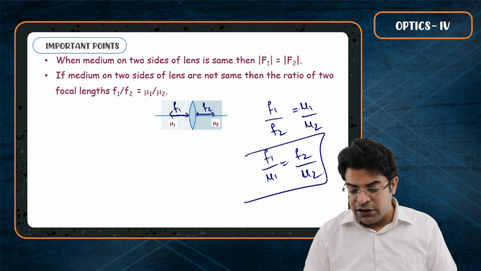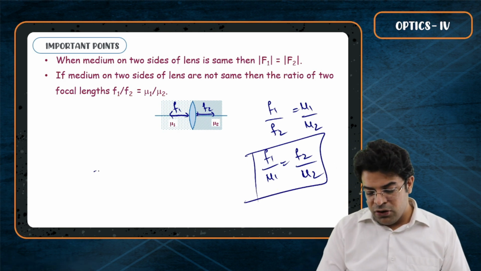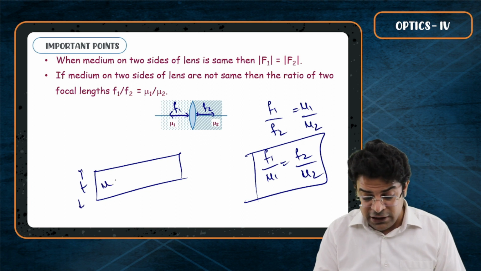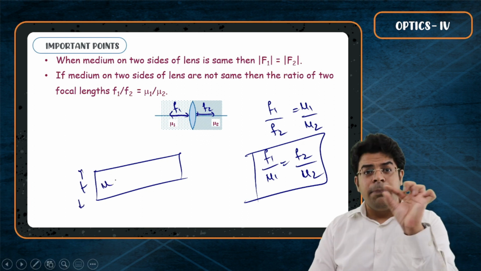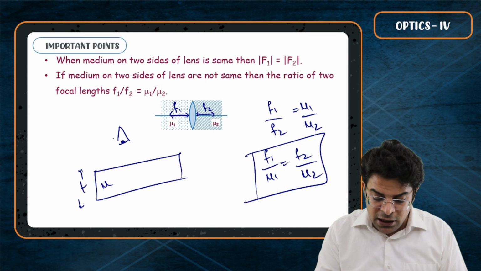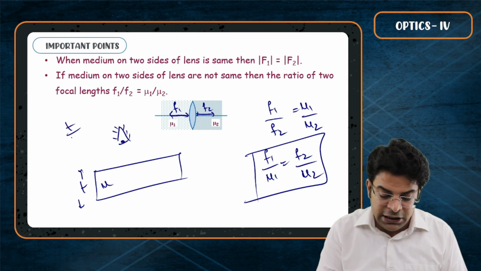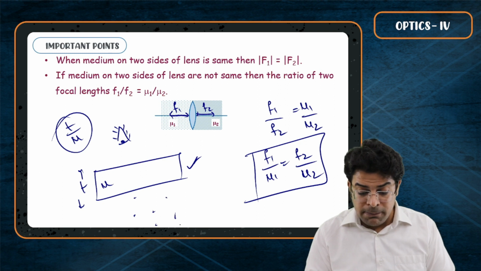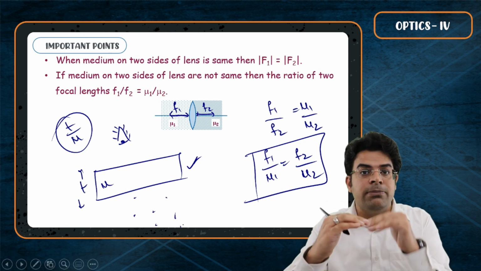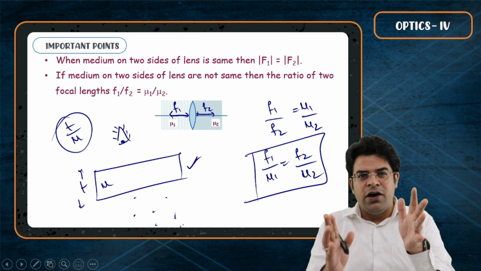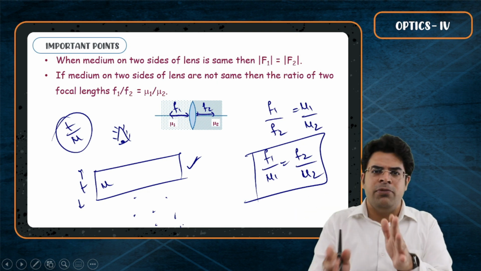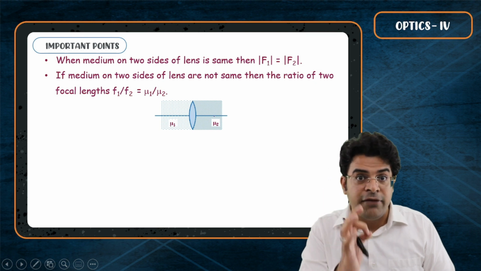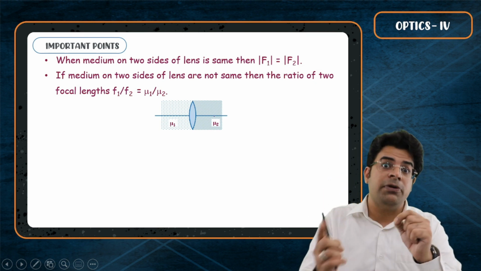Personally, I remember it this way. Why? Because of the same logic: if you have a slab of thickness t having refractive index mu, the thickness appears to be t by mu when seen from air of refractive index 1. So this slab shifts things by a distance t minus t by mu. So f1 by mu1 is the same as f2 by mu2. Here I am talking only about lengths, not that f, the position of the second principal focus with respect to the pole.